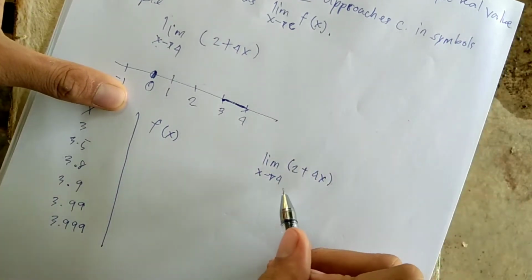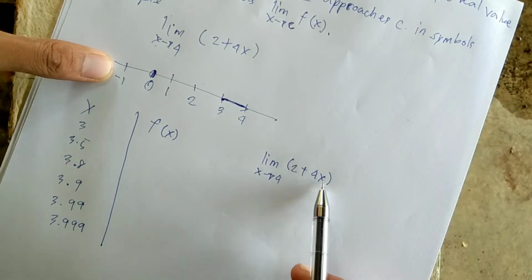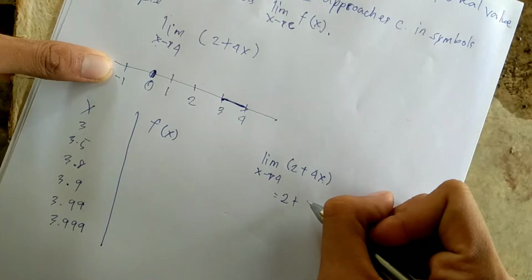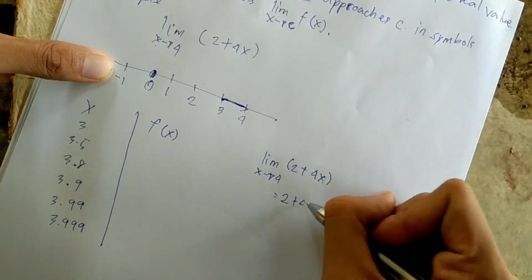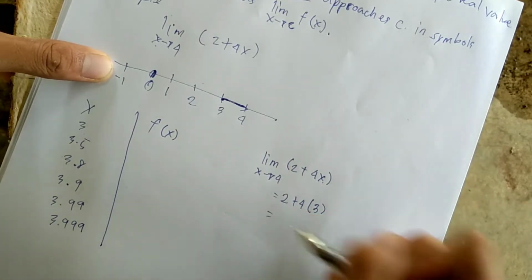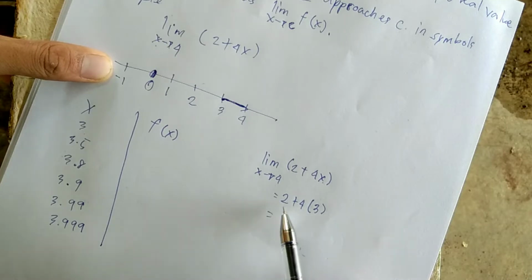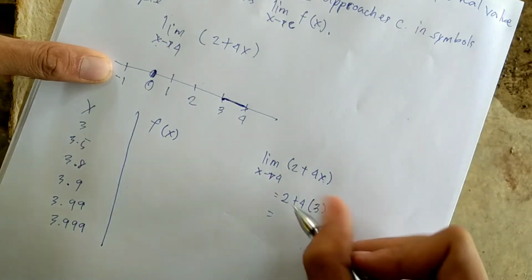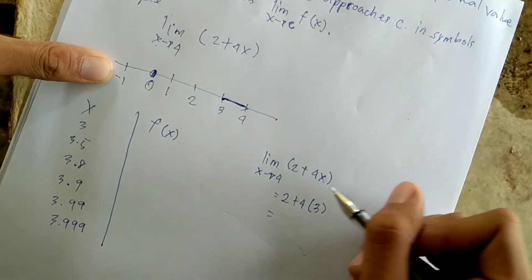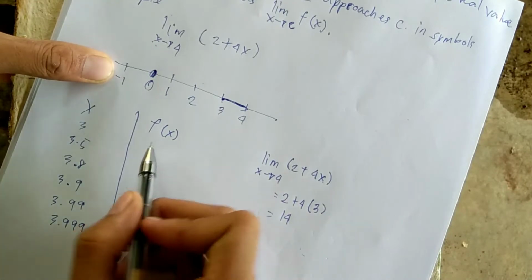So, yung 3 is substitute natin sa x. 2 plus 4 times 3. So, 4 times 3 is 12 plus 2 is 14. So, yung f of x niya is 14.